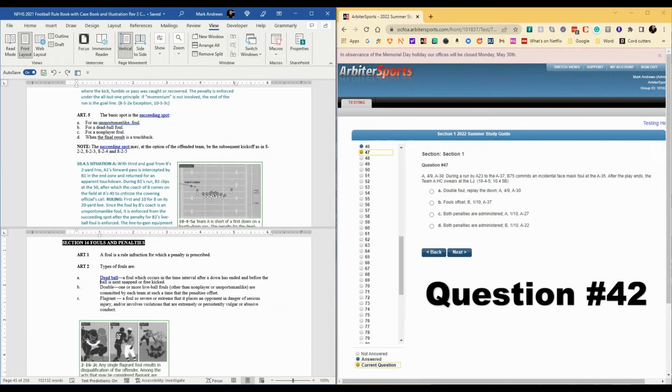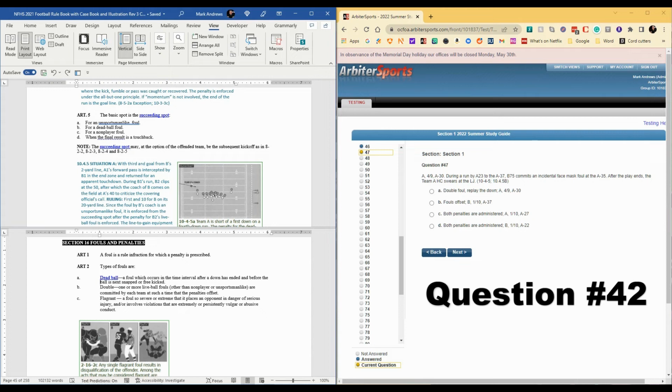Question 47. A 4th and 9 at the A30. During a run by A23 to the A37, B75 commits an incidental face mask at the A35. After the play ends, the Team A head coach swears at the line judge. And the rule references are 10-4-5 and case 10.4.5b.